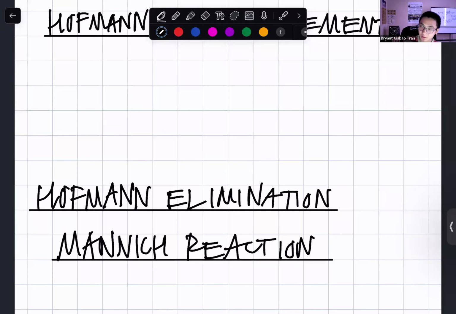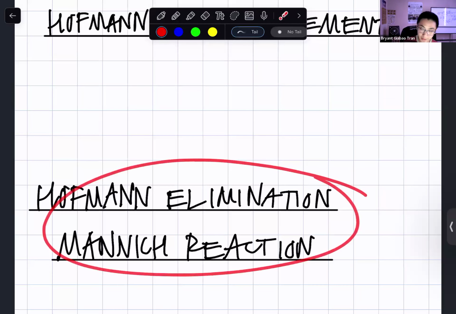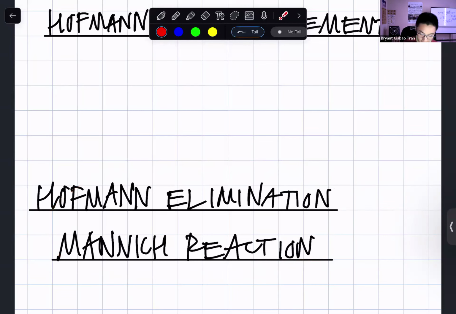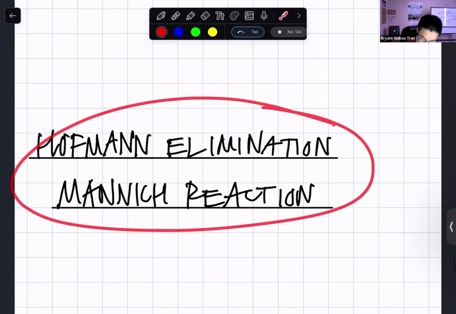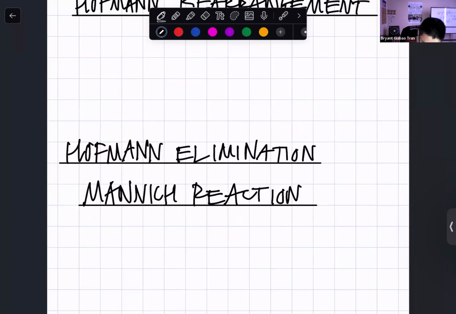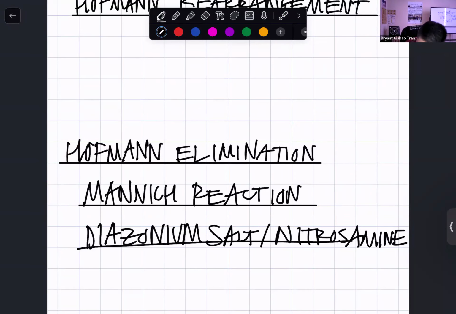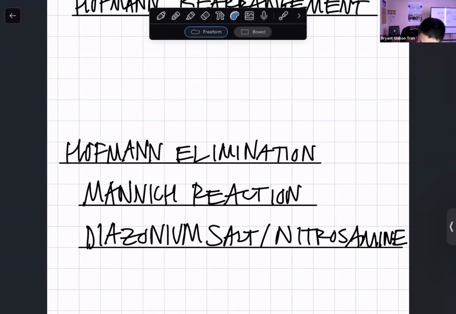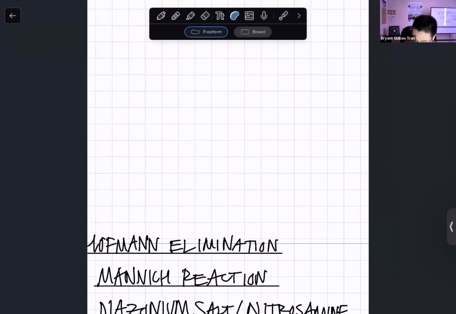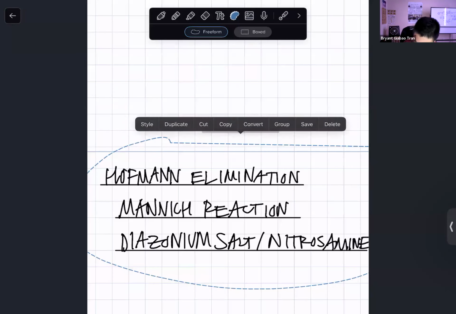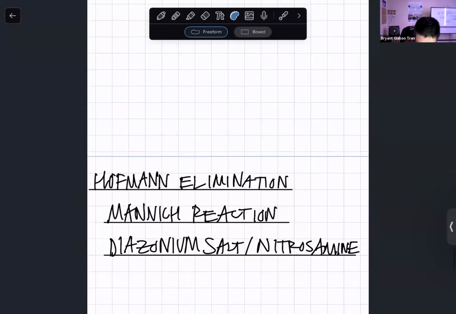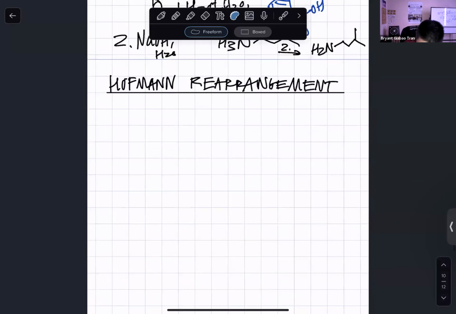Like if they give you a product of these reactions here, how to break it down and go backwards as well, because this is going to take a longer time. These reactions, Hofmann elimination, Mannich reaction, and diazonium salt or nitrosamine formation, nitrosamine, right? But we'll end off the session with Hofmann rearrangement and any other questions you guys have that I could work through. But these reactions would take more time, so I'll do these tomorrow at the beginning of the session.